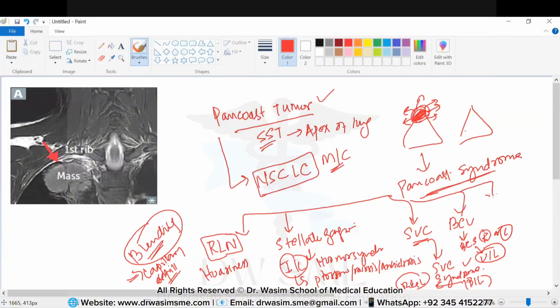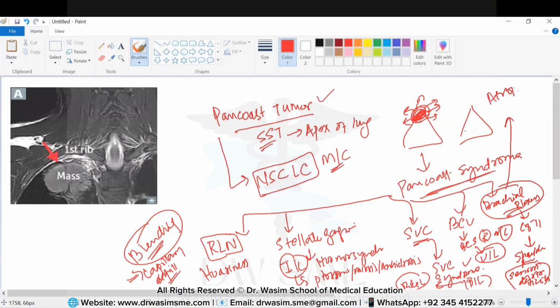If this Pancoast tumor affects the brachial plexus, most commonly the C8 or T1, it will cause shoulder pain and sensory motor deficits, especially atrophy of the intrinsic muscles of the hand.